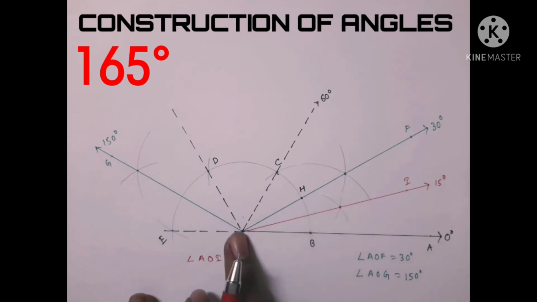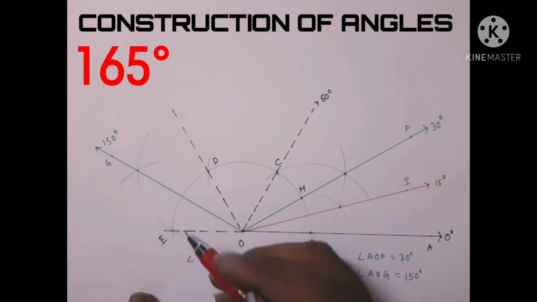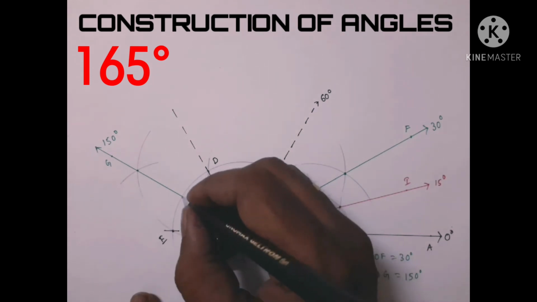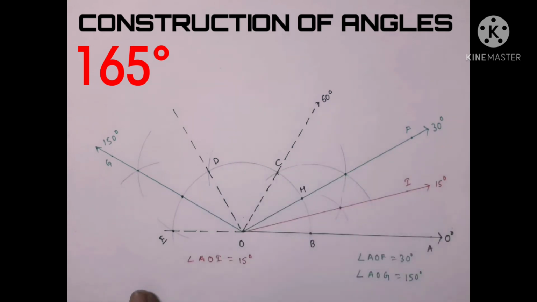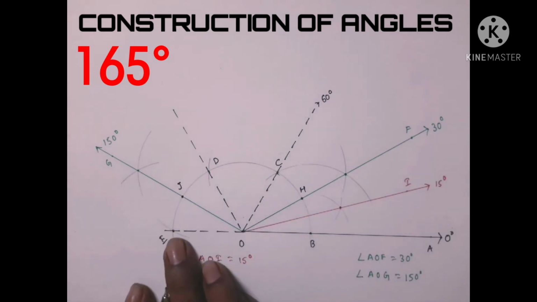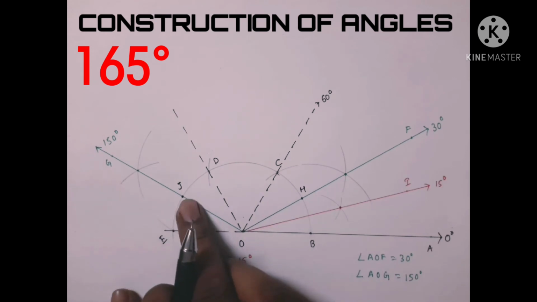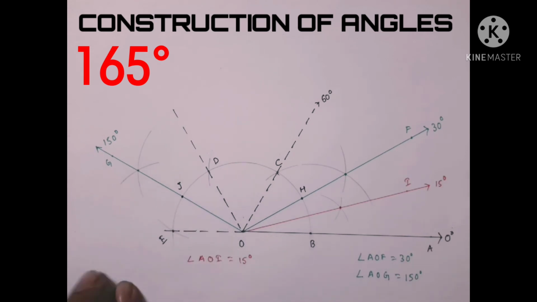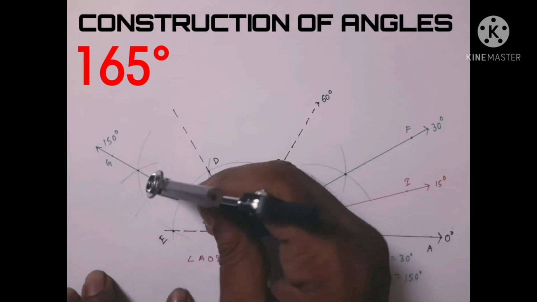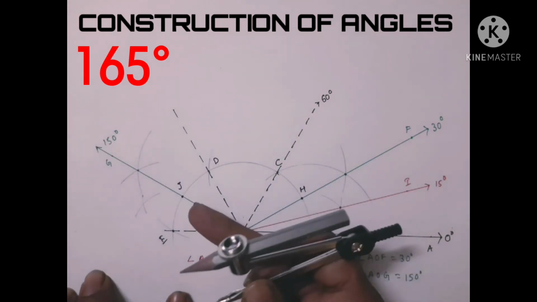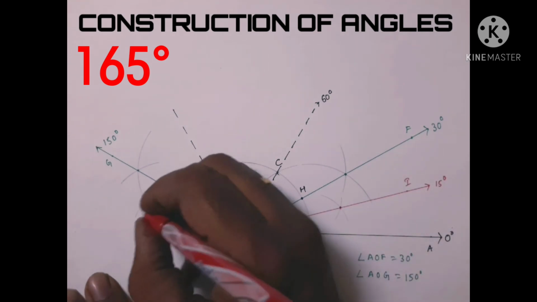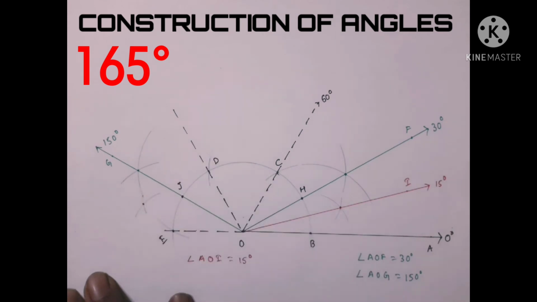Now similarly 165 will be on the other side. That is, we have to bisect 180 degree and 150 degree. Let us name this point J. So point E will be our 180 mark, and point J will be our 150 mark. So we will bisect point E and point J. So point J is for 150, point E is for 180, and mark the meeting point.